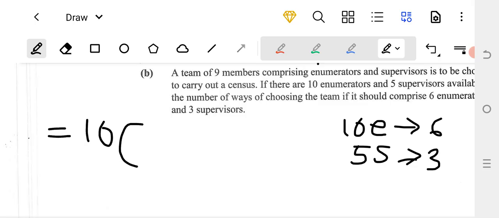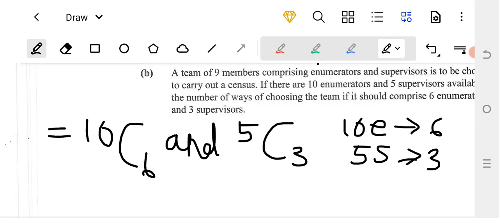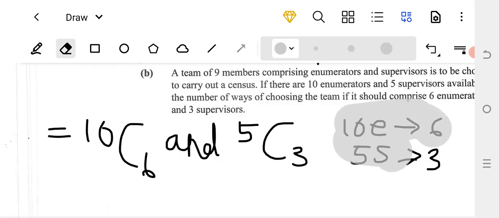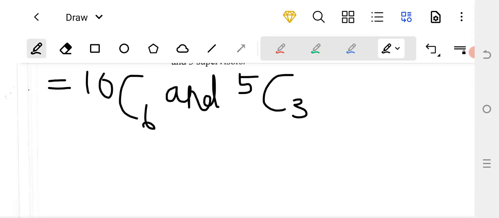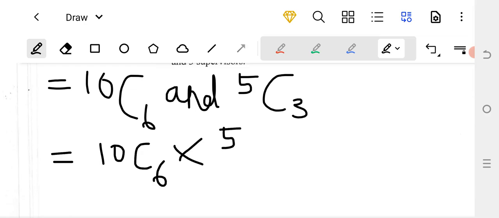From 10 you're going to choose 6. Then you're going to say and. From 5 you choose 3. So it's going to become 10 choose 6, and means multiplication, 5 choose 3.